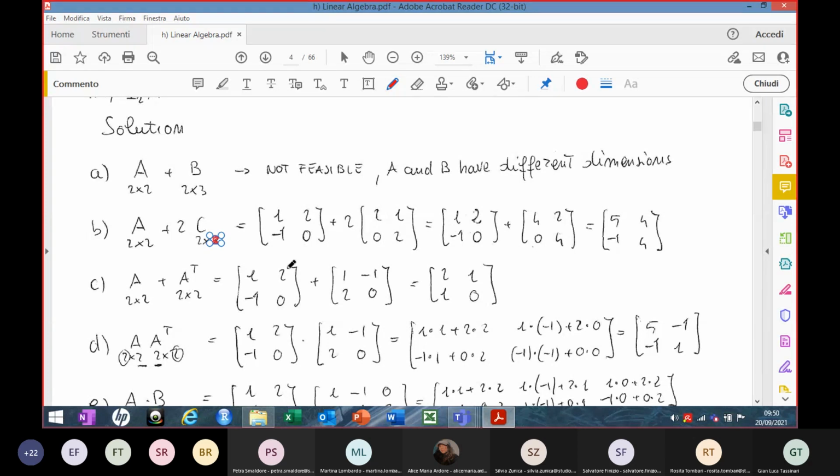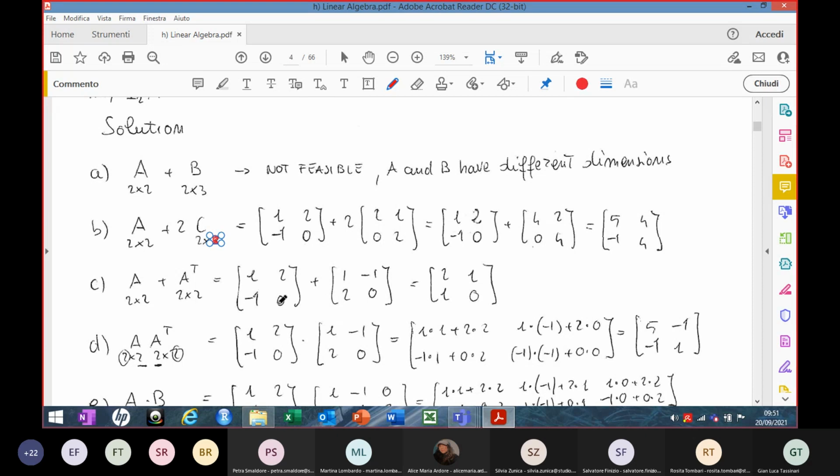So first I copied A. Then here I computed the transpose. I told you, you have simply to exchange the rows of A with its columns, which is the first row of A, guys. 1, 2 is the first row of A. So it's the first column of A transpose. So see, I copied.